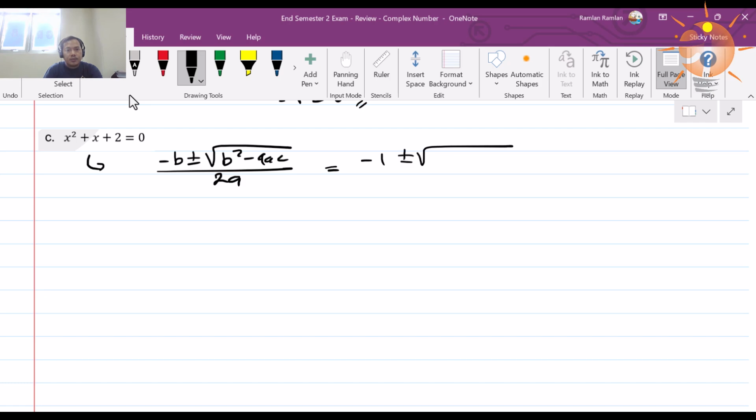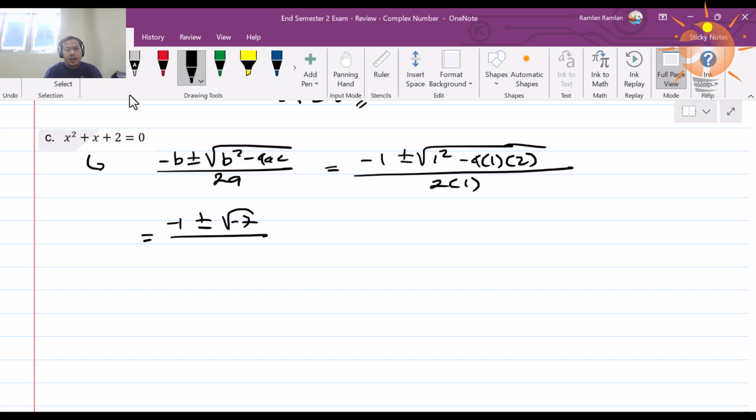Just plug everything into this formula and you will get -1 plus minus the square root of 1 squared minus 4 times 1 times 2, divided by 2 times 1. So let's do it again: -1 plus minus, this is just 1 and this is 8, so this is -8. 1 minus 8 equals -7, so that will be the square root of -7 divided by 2.